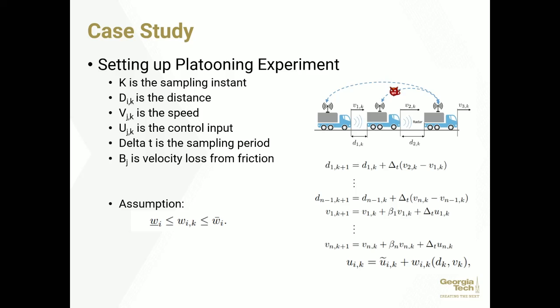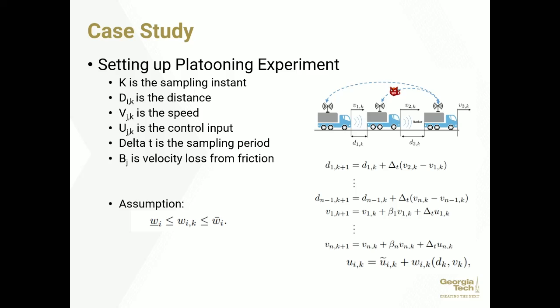The equation below it, which is u sub i sub k, can be seen here and here. So u sub i sub k are actually the control variables within the model itself.